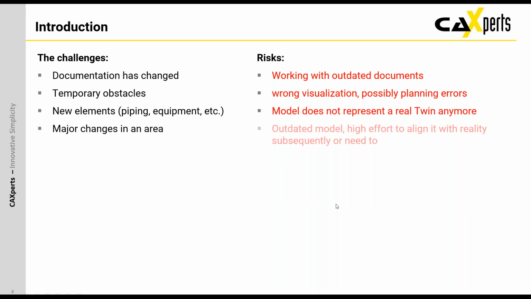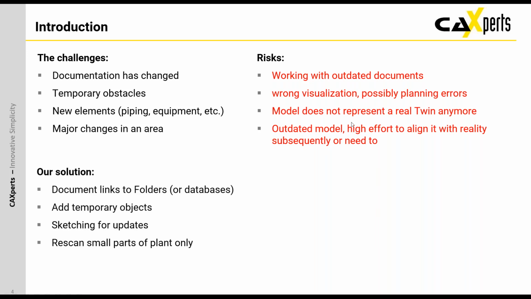And major changes in an area result in an outdated model, and very often it means a high effort to align it with reality again, or you need to find other ways to point out that this part of the model isn't current anymore.